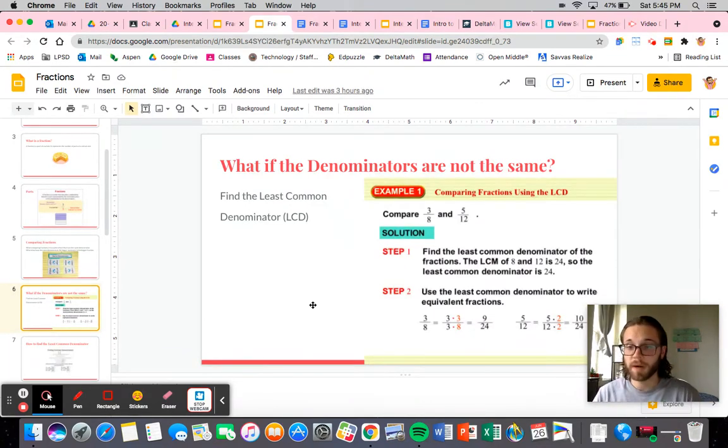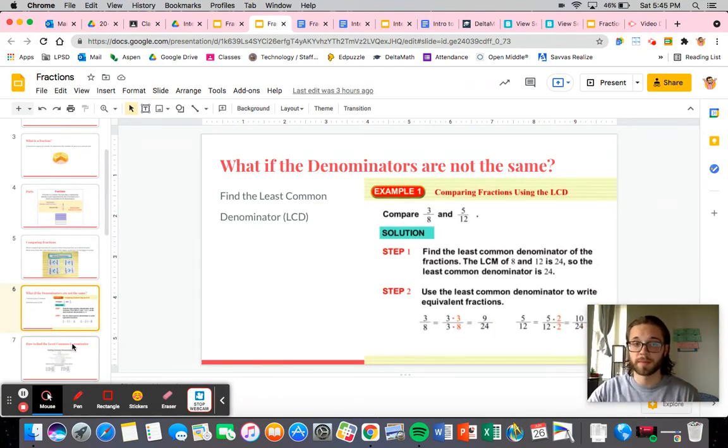When you convert everything to 24, you multiply this one by 3, and remember, whatever you multiply the denominator by, you have to multiply the numerator by. So you multiply the denominator by 3, you multiply the numerator by 3. You get 9/24. In this case, you multiply by 2, so you multiply the numerator by 2 as well. Then you get 9/24 and 10/24.